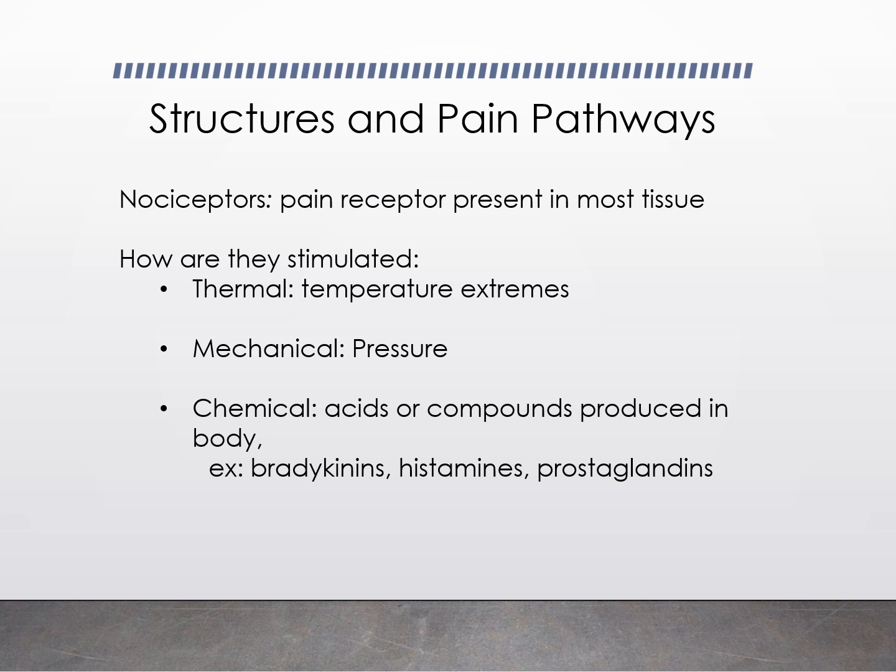Our nociceptors are stimulated by the stimulus. Then we have afferent nerve fibers that carry that sensation to the spinal cord and brain. And then our brain decides what we're going to do about it.